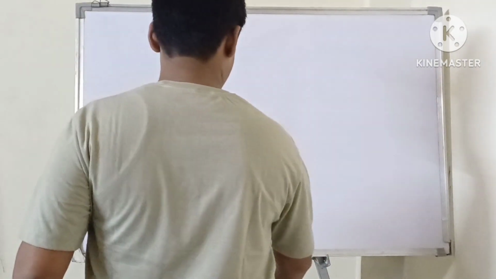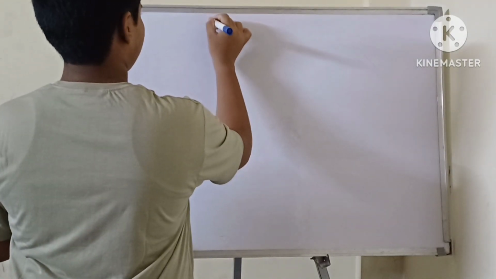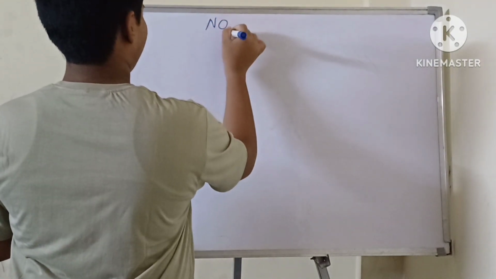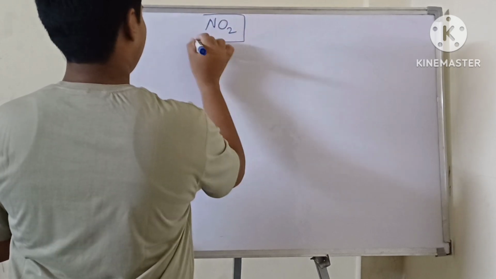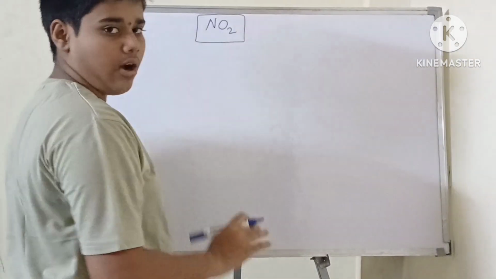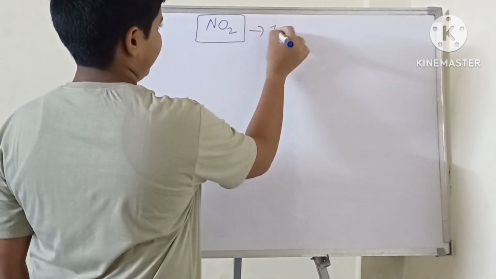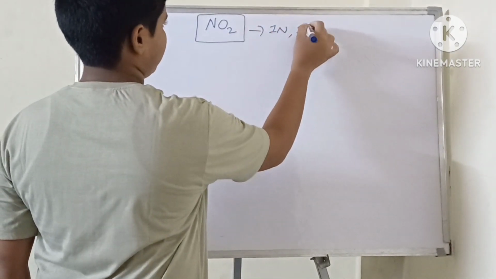And another example: NO2. NO2 is a compound which has 1 nitrogen and 2 oxygens.